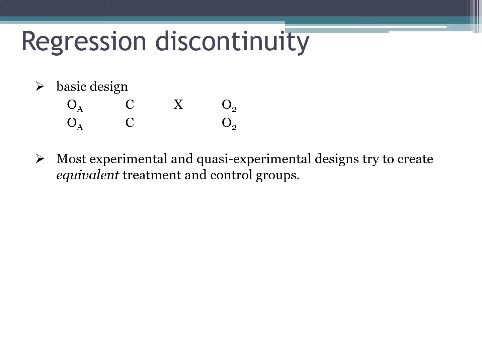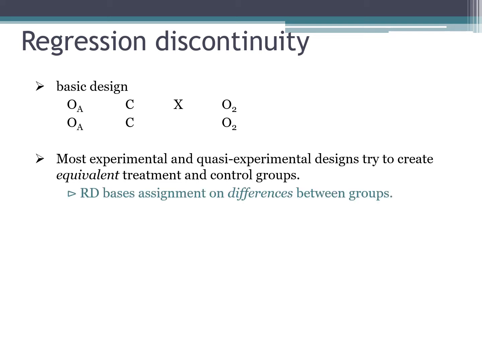That's most easily accomplished with random assignment because that creates two groups that are equal in expectations, at least. And then quasi-experimental designs deal with the problem of not being able to randomly assign in a variety of ways. But most of the effort is directed toward trying to create two groups that are as equal as possible.